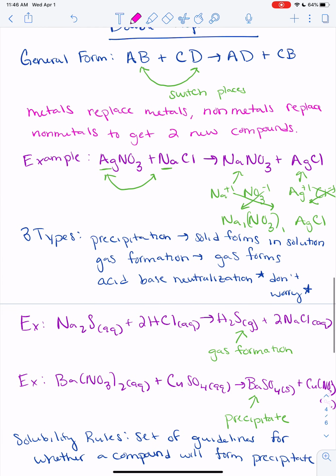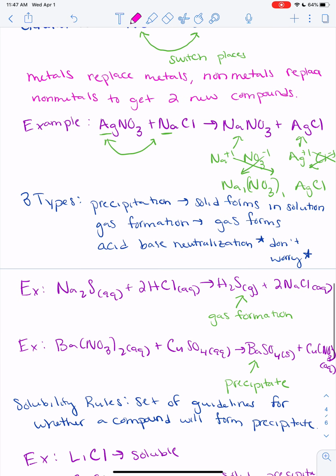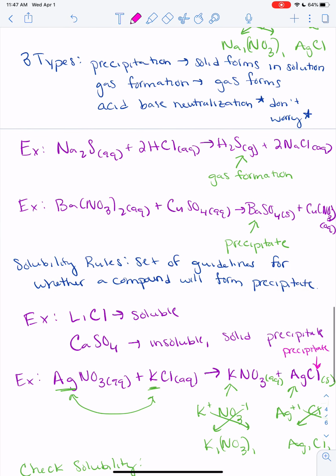When we're dealing with these double replacement reactions, we need to know that our metals and our metals switch, same thing with nonmetals and nonmetals. We need to know that we can use our crossing method to figure out our subscripts. We need to know that there are 3 types: precipitation, gas formation, and acid base. We can identify precipitation if a solid is formed.